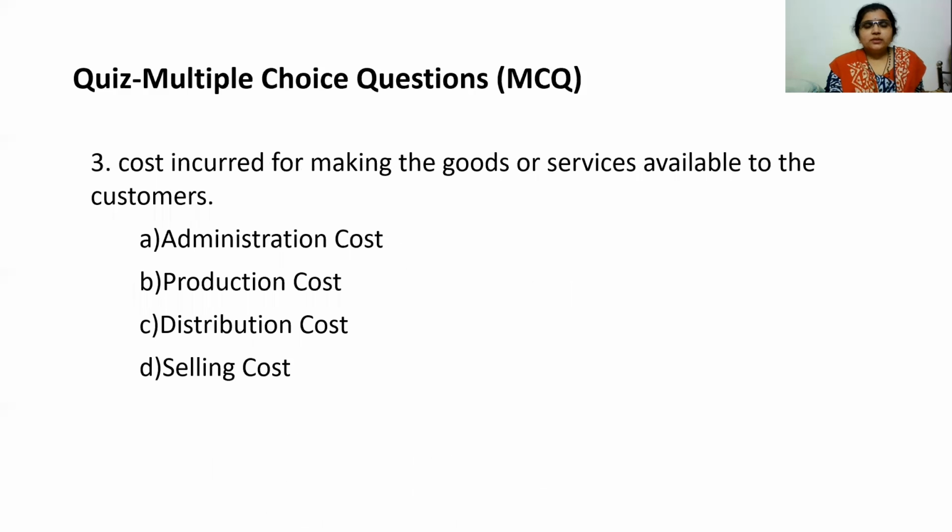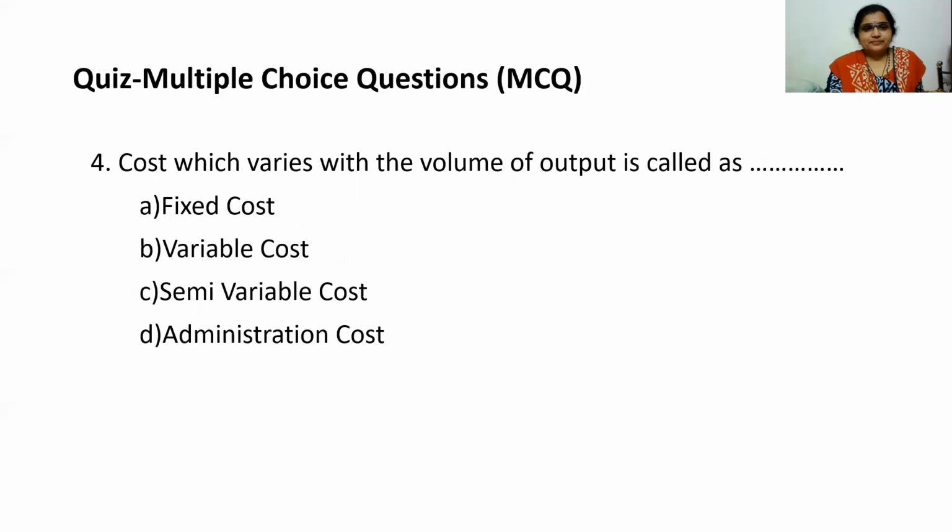The other one: cost incurred for making the goods or services available to the customer. Is it administration cost, production cost, distribution cost or selling cost? Yes, it is called distribution cost.